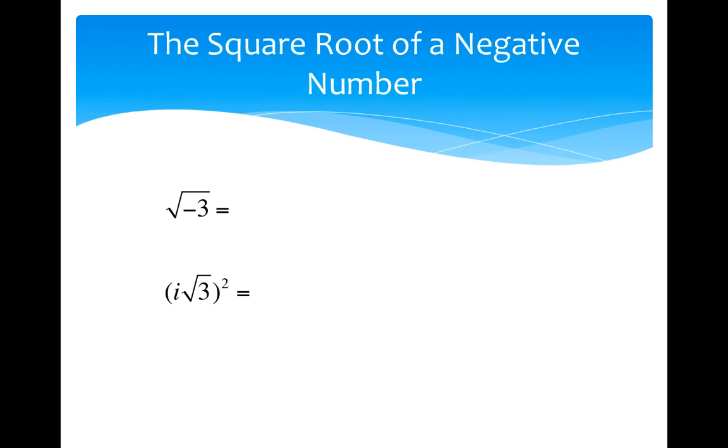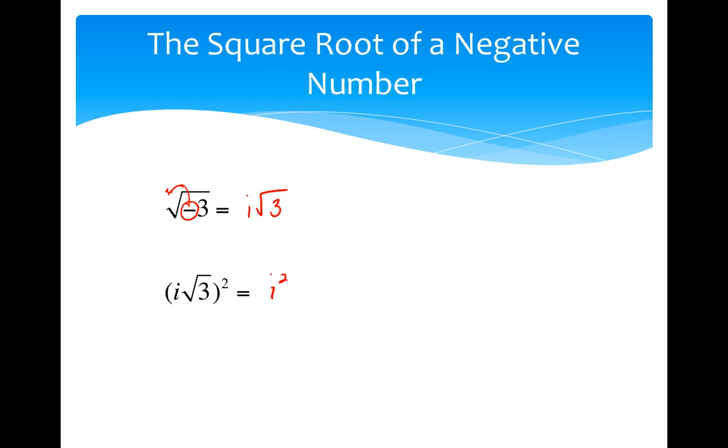So we're going to start by just simplifying when we're dealing with this imaginary unit. So this first one here, this is similar to what I just showed on the last slide. We need to remove this negative from the radical and make this i times the square root of +3. Over here, it's a little different. We are squaring something. So we're going to square both of these items inside the parentheses.